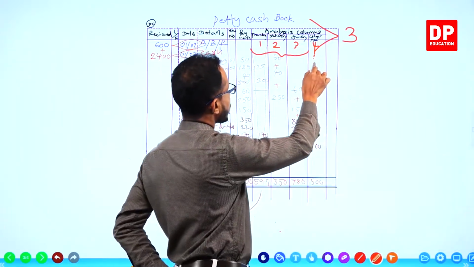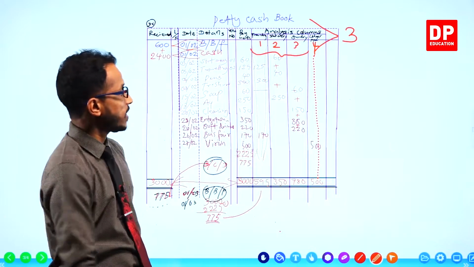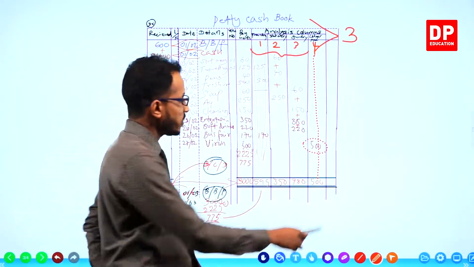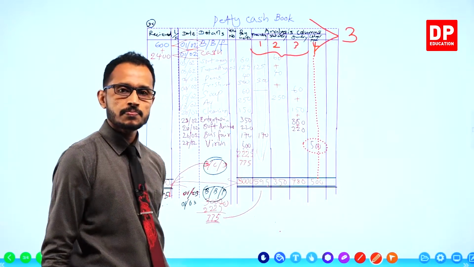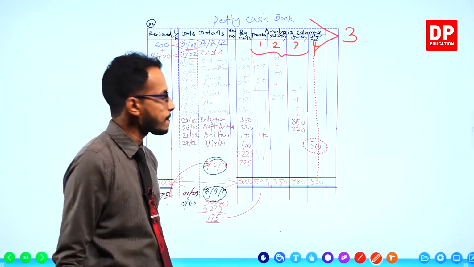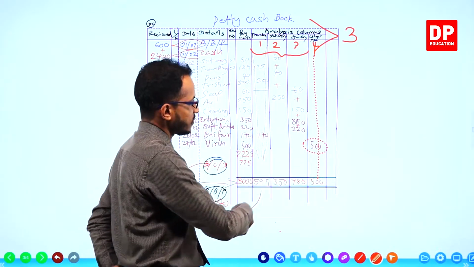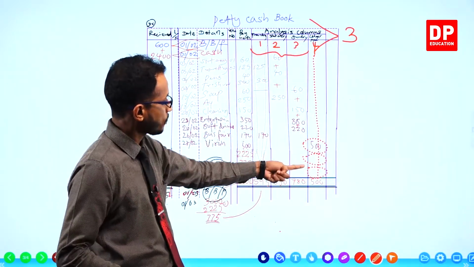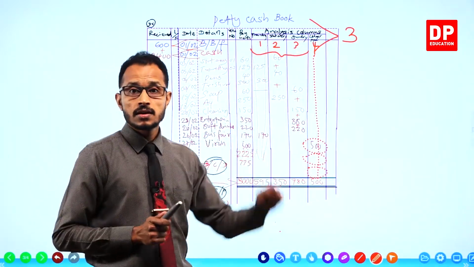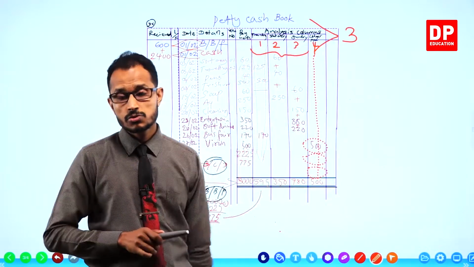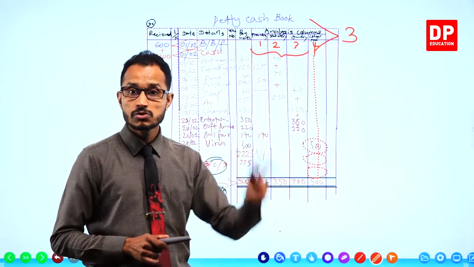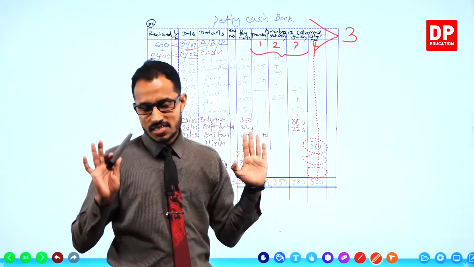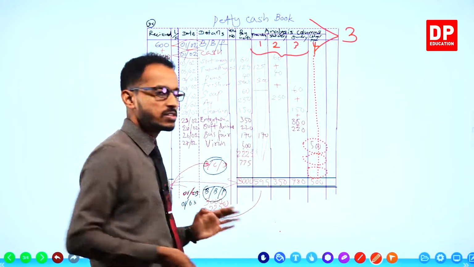But in the ledger account column, children, how many entries do we have? For each and every entry, we need a ledger account. Let's say we have 3 entries in the ledger account column. Then we need 3 separate ledger accounts for those 3 entries. I'm just hoping that you can see this clearly.